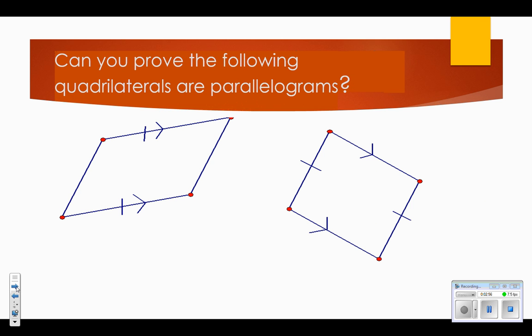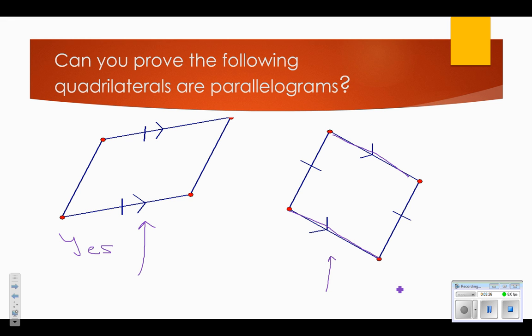So let's look at some examples. Can we prove that these are parallelograms? This first one right here, we can absolutely say that because opposite sides are parallel and congruent. This one here, though, so this is a yes, but the second one, we can't, okay? Only one pair of sides is parallel, and then the other two sides are congruent.